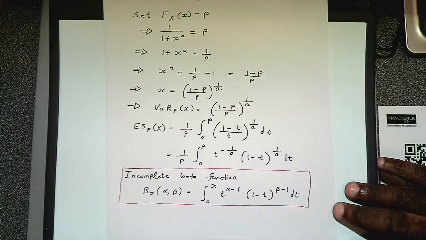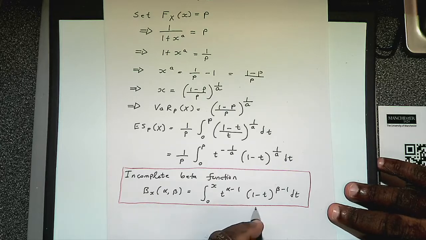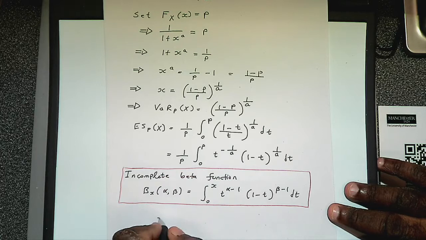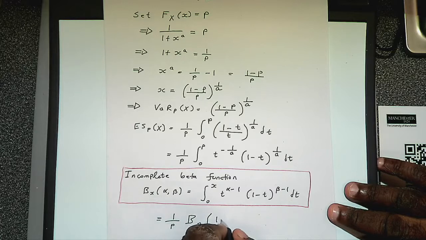And as I said, the CDF of a beta random variable involves the incomplete beta function, right? So using this definition, you can write this as 1 over p times B_p. Your alpha will be 1 minus 1 over a, and your beta will be 1 plus 1 over a.